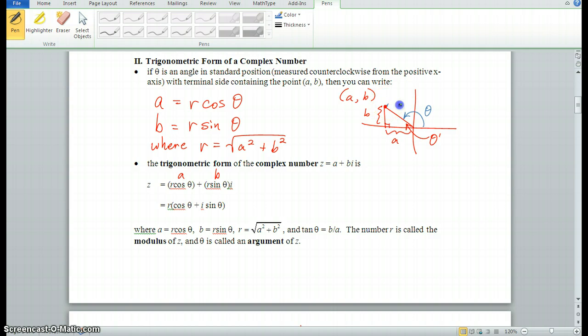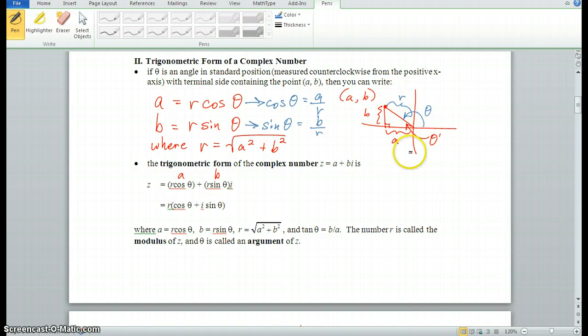If you think about this depiction here, we actually did in fact know that R is the hypotenuse, and given this particular equation, the cosine of theta is easily known to be A over R, and the sine of theta B over R. And again, looking at your picture, even though this is theta prime, it is in fact a second quadrant angle, so we can say that the cosine of theta equals adjacent over hypotenuse, A over R, and the sine of theta is equal to B opposite over R hypotenuse.